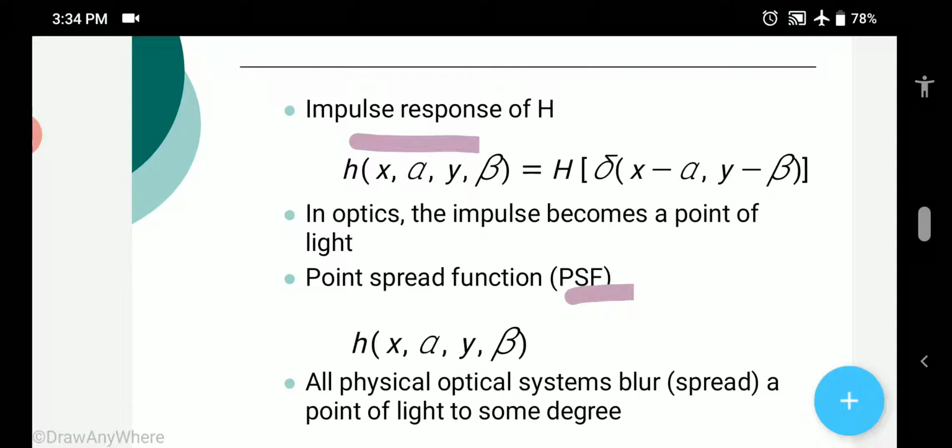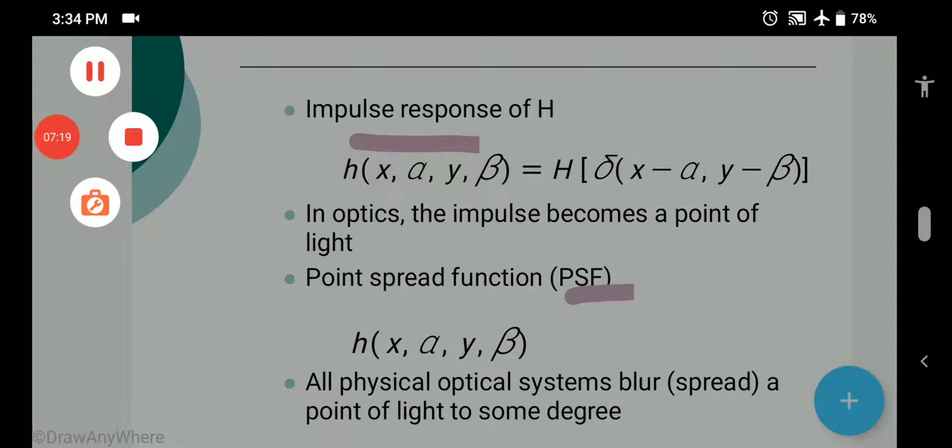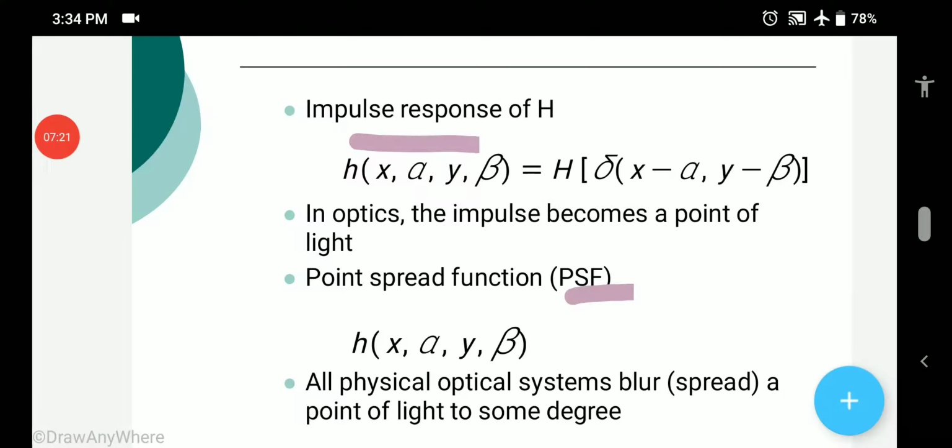The name arises from the fact that all physical optical systems blur or spread a point of light to some degree, with the amount of blurring being determined by the quality of the optical components. So by substituting this one, we get this expression.